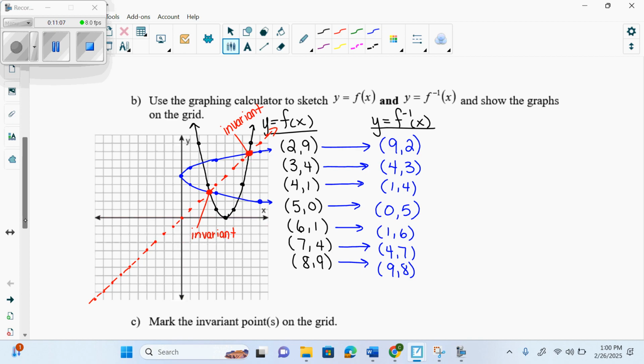We're going to talk about the domain and range too. So the black graph is the original. And I'm going to give the domain and range of the original.